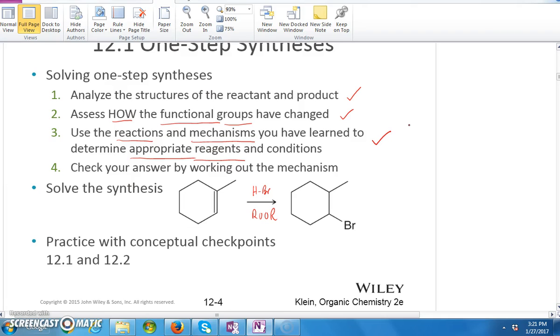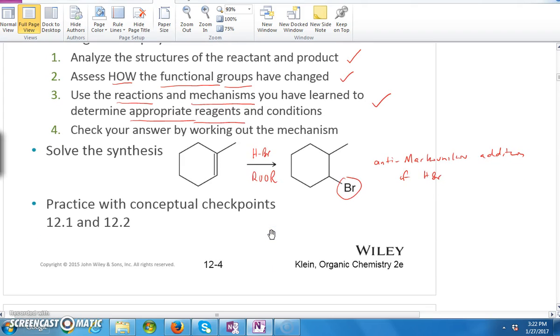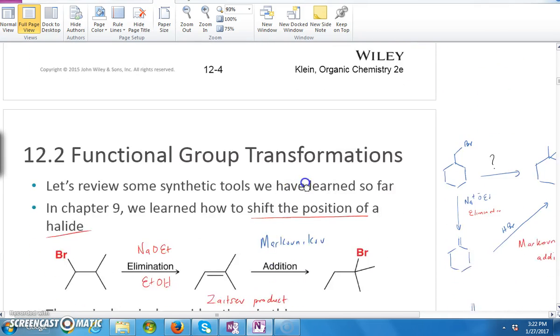So you can see, for instance, this example is the anti-Markovnikov addition of HBr to an alkene. And of course we see that it goes anti, with the bromine going to the less substituted carbon. So this is something you need to know: from the product, you can tell what kind of reagent was used.